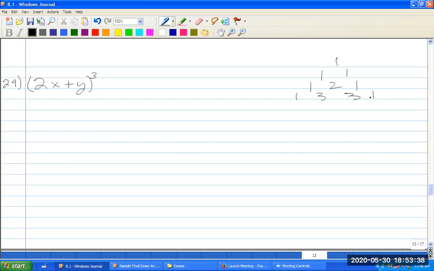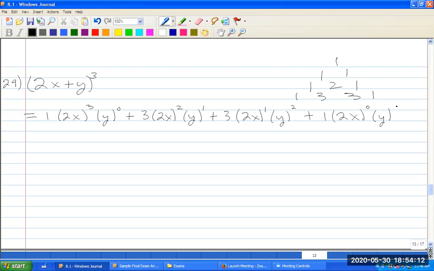Using Pascal's triangle, I get that this is equal to 1, (2x) cubed, y to the 0, plus 3, (2x) squared, y to the 1, plus 3, (2x) to the 1, y to the 2, plus 1, (2x) to the 0, y to the 3.